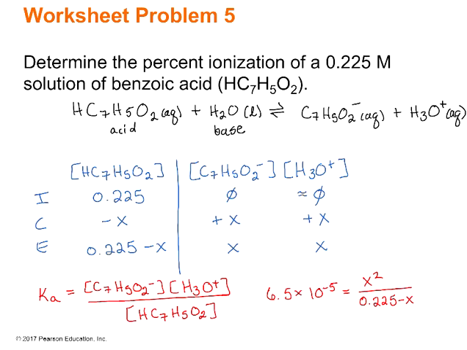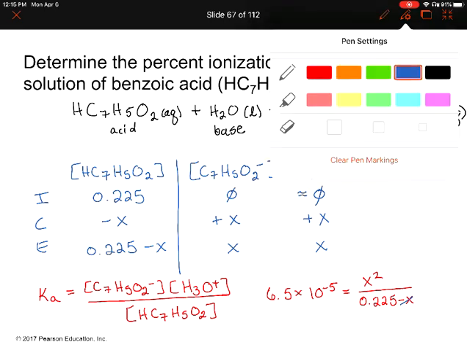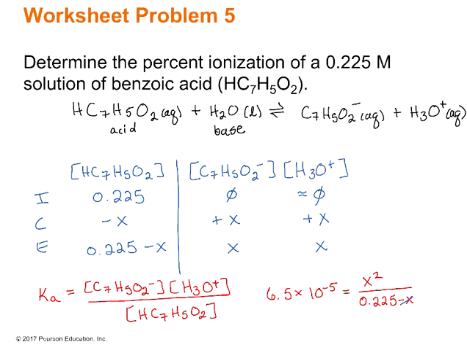Now, again, we're going to assume that the change in x is small. So we can ignore that change in x. And then if you solve for x, we should get a value of 0.0038.